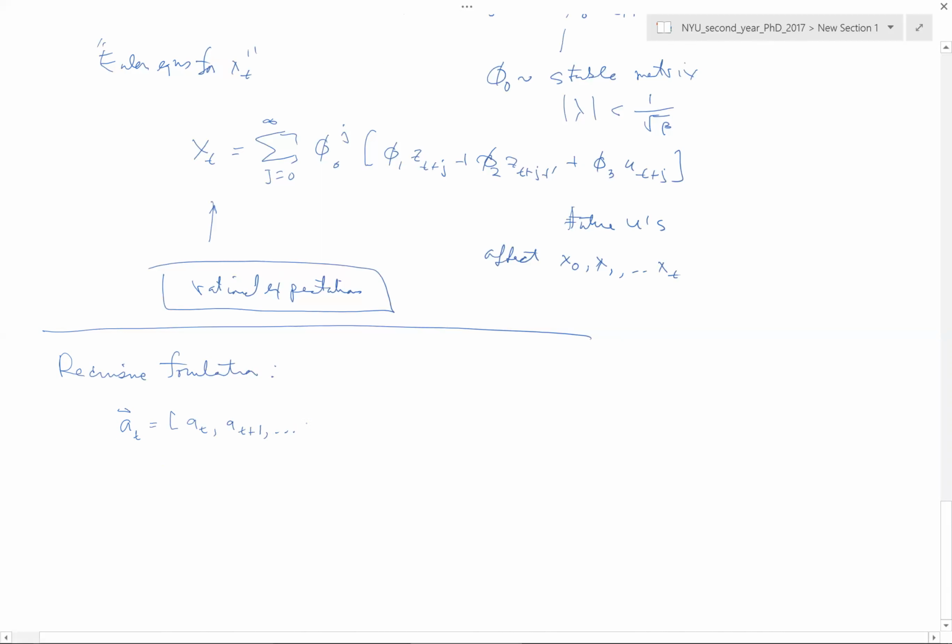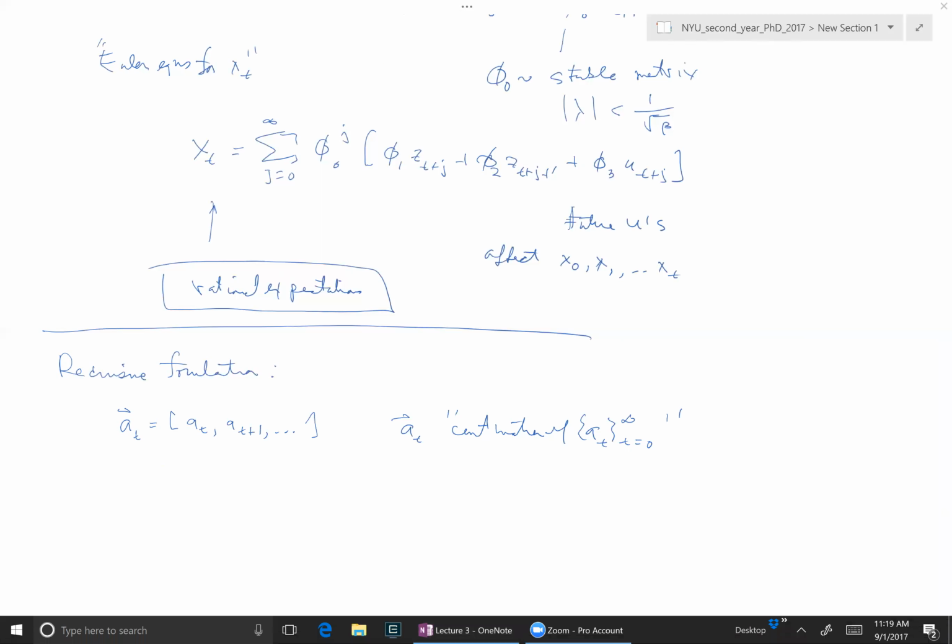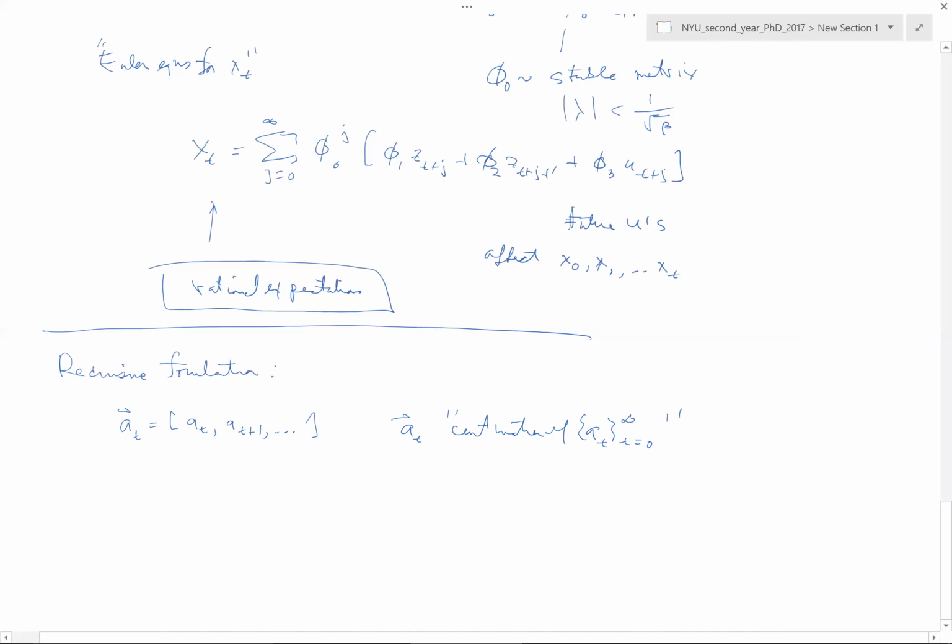I'm going to define at bar as the continuation of at, of that sequence. So I'm going to start with an original sequence for any sequence at of vectors. I'm going to define the continuation of a as just the tail of the sequence.